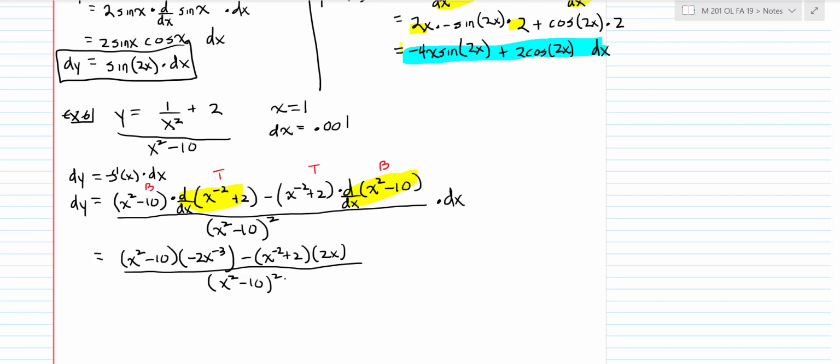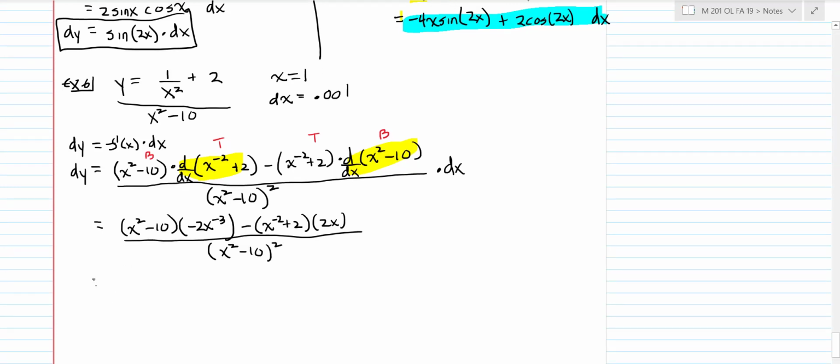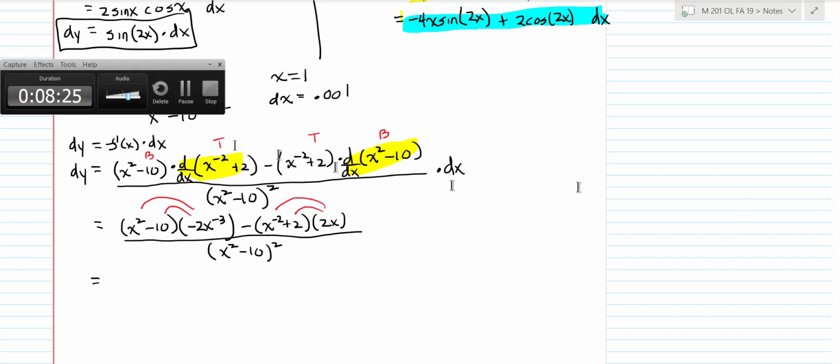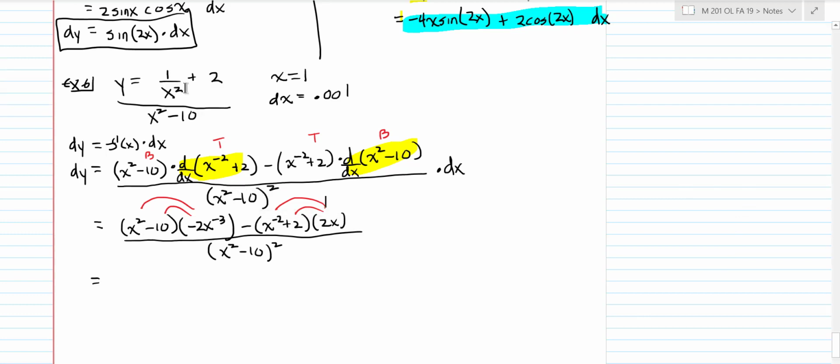Now we might as well just kind of multiply this out and see where this leads us. So we got a distributive property we can do. We can do that and that, and then that and that. Okay, so let's go ahead and complete that now. So we'll have negative 2, and we're adding the exponents. Negative 3 plus 2 would be x to the negative 1.